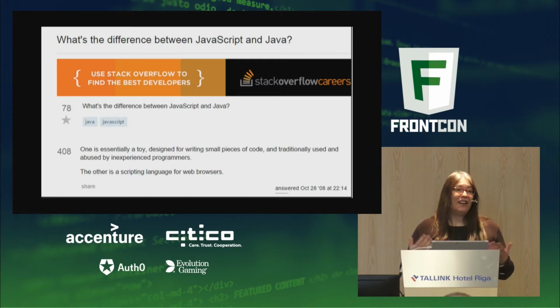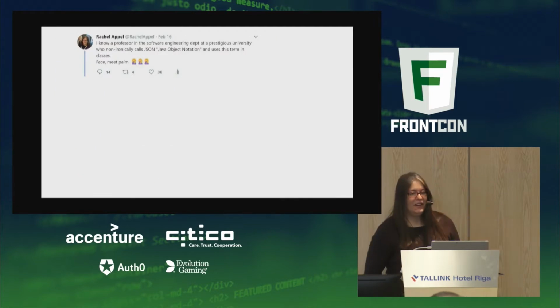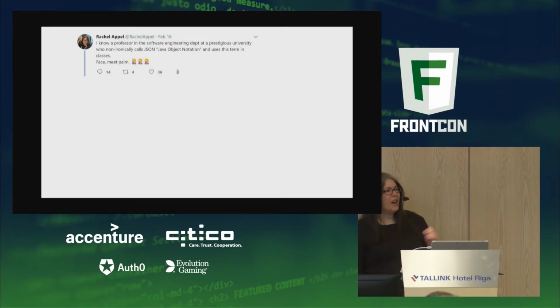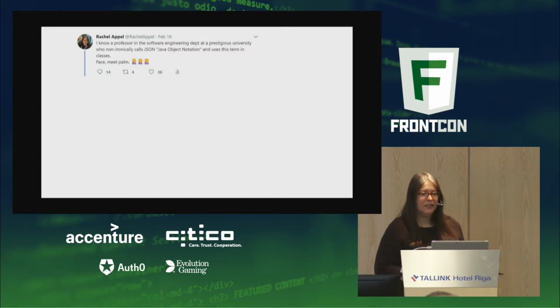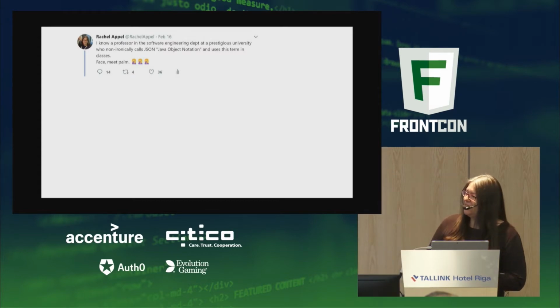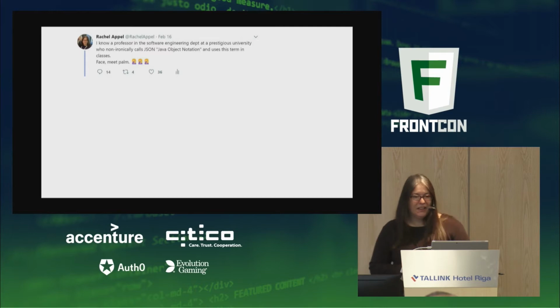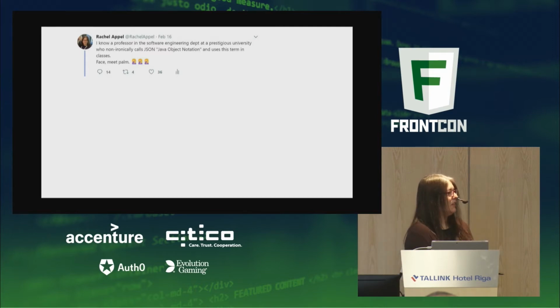That's okay. I'm a .NET person as well, so I'm used to that from the Java crowd. So here's another one that you should probably know. JSON is JavaScript object notation. Yet, yes, there is a professor at a prestigious university in the UK, I shall not name it, that calls it Java object notation. It is not.